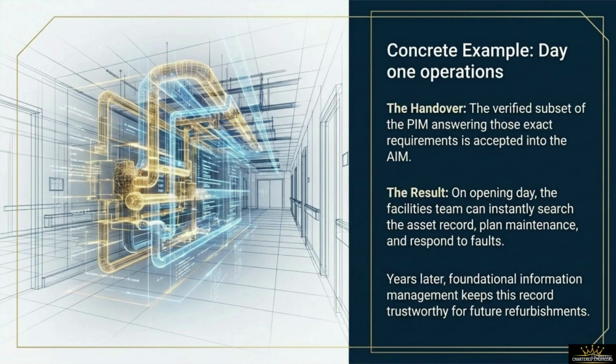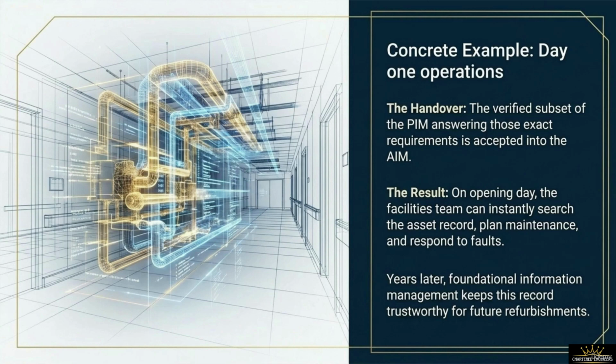Image showing a hospital corridor overlaid with a highly structured, searchable digital schematic of mechanical and plumbing assets. The practical result is extraordinary. On opening day, the hospital's facilities management team can instantly search the digital asset record, plan preventative maintenance, and respond to equipment faults within minutes.